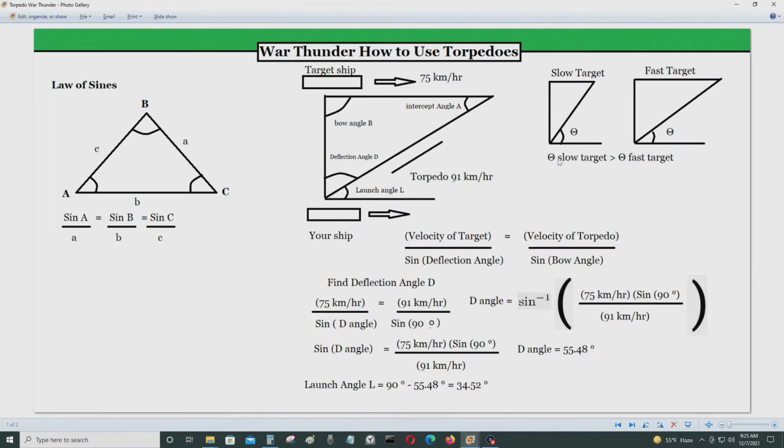If theta slow target is greater than theta fast target, so the angle of a slow target is greater than the angle of a fast target, which would be less. So that's basically it for that. That's how you would conceptualize it.